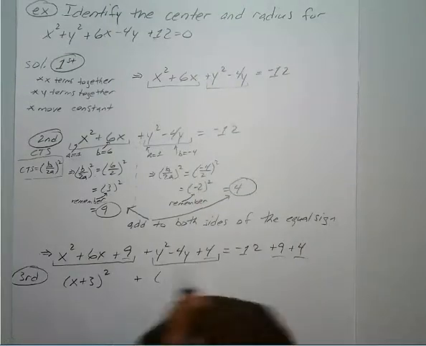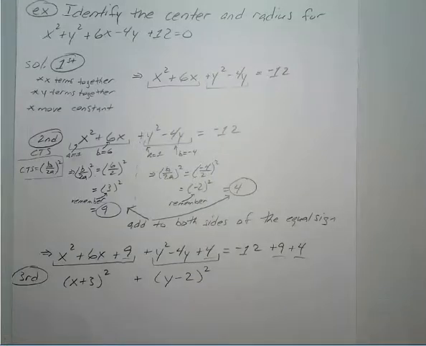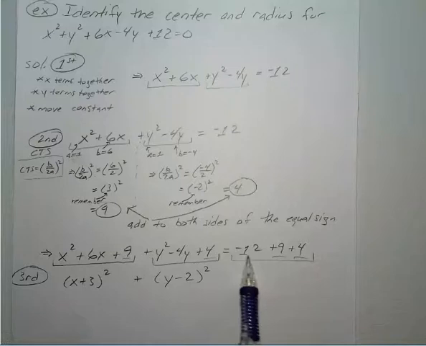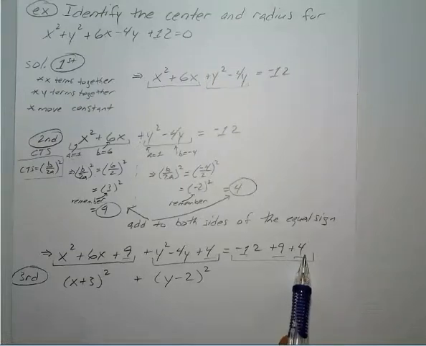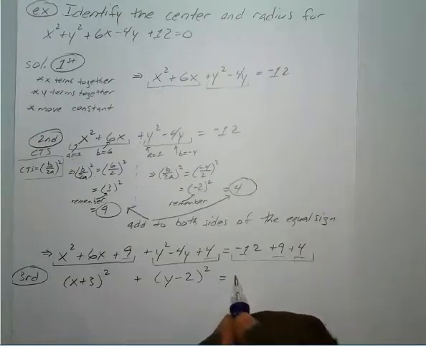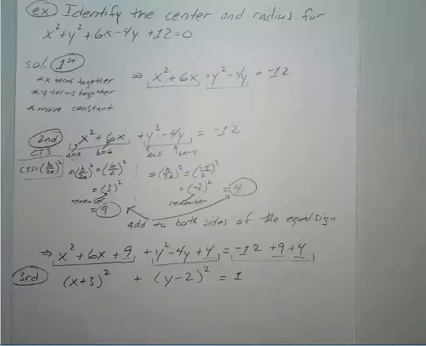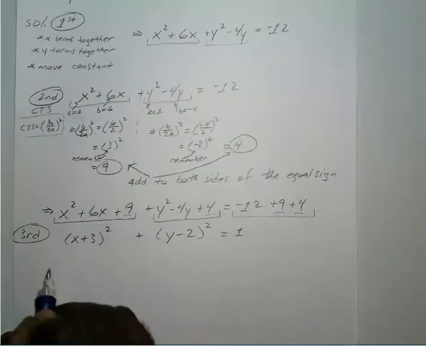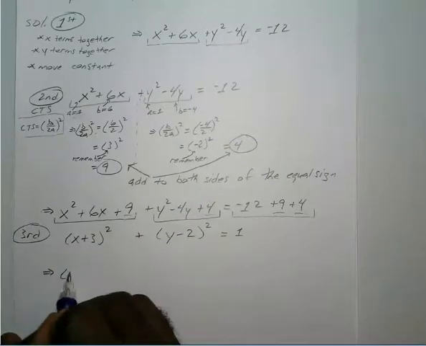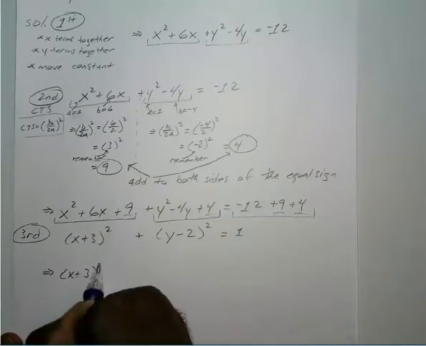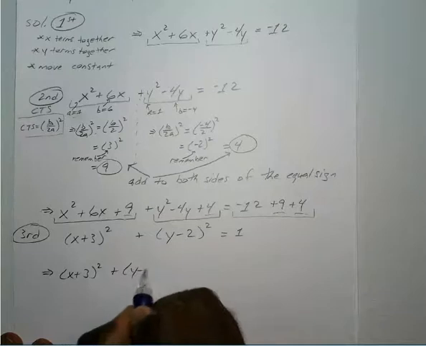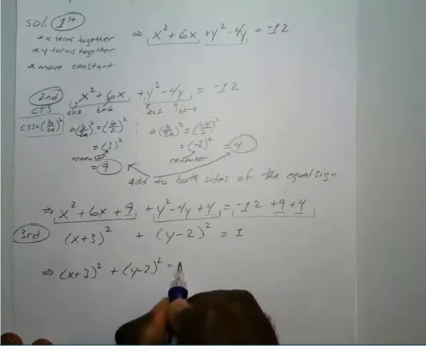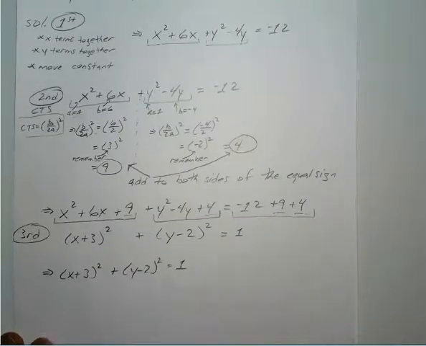So these three terms become y minus 2 squared. Negative 12 plus 9 plus 4 is equal to 1. So that gives us x plus 3 squared plus y minus 2 squared equals 1.